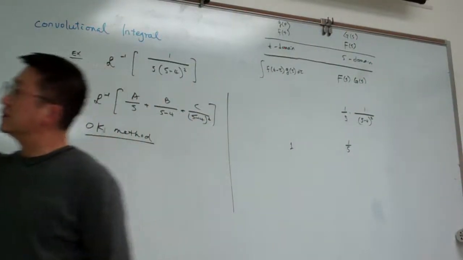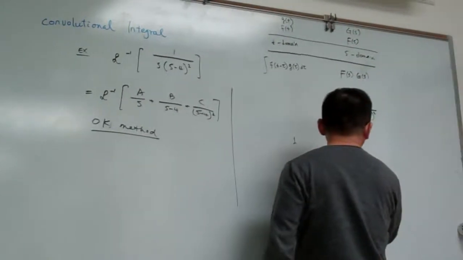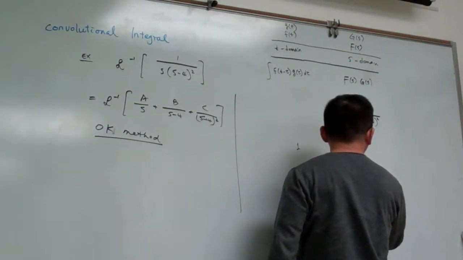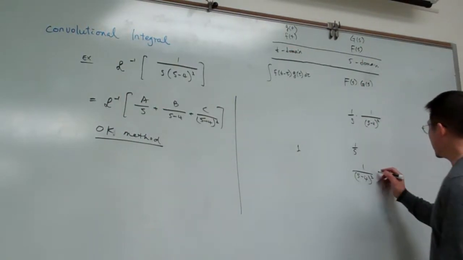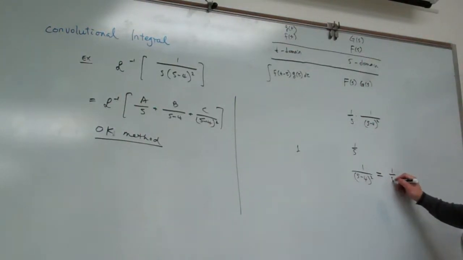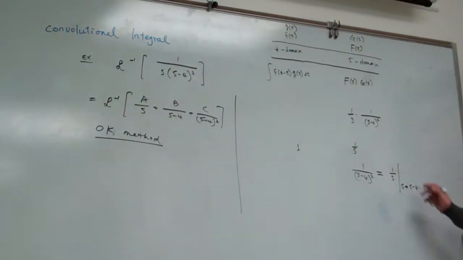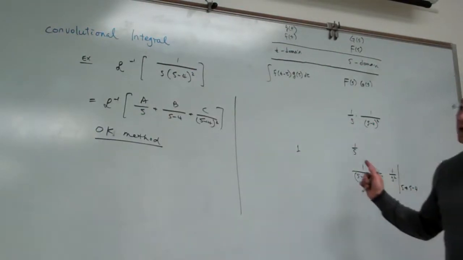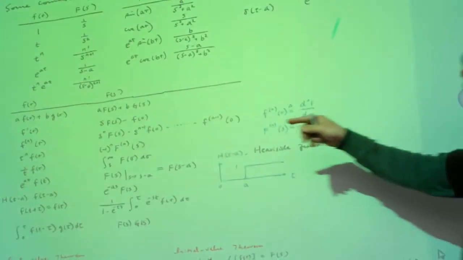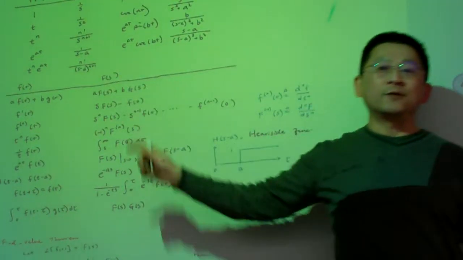We pick up this information here. And then for (s minus 4) squared, this one is basically equivalent to 1 over s squared with the replacement s minus 4. So with this, you can easily see that it fits this pattern here. Okay, we adopt that one.